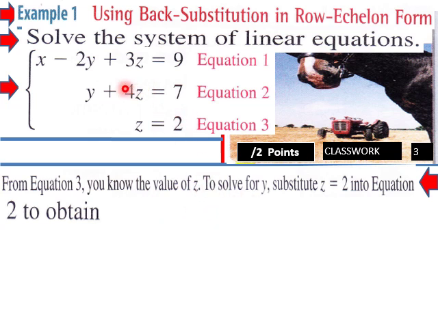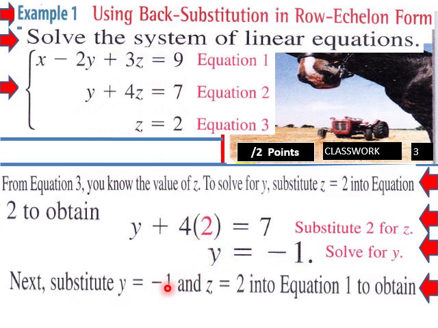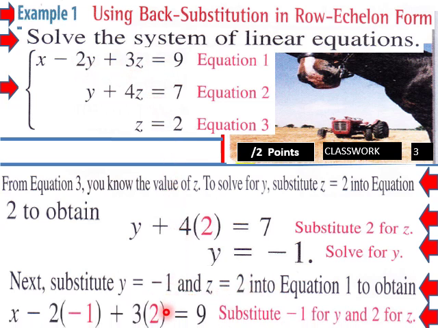To solve for y, substitute z equals 2 into equation 2 to obtain y plus 4 times 2 equals 7. When we solve for y, we get y equals -1. So now we know z and we know y. Next, substitute y equals -1 and z equals 2 into equation 1.